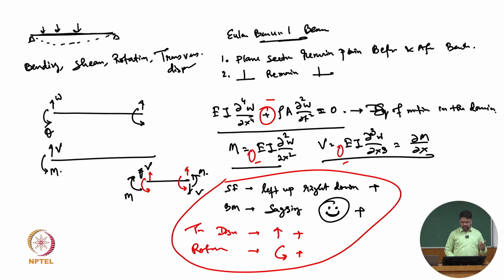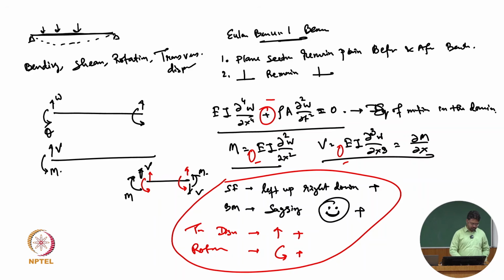For example, instead of sagging bending moment, if you make hogging bending moment positive, then there will be a minus sign in the bending moment. So these types of things do happen, but I personally found this is simple, where in the equation everything is positive, and diagrammatically also left up, right down for shear, and smiley, sagging bending moment is positive.